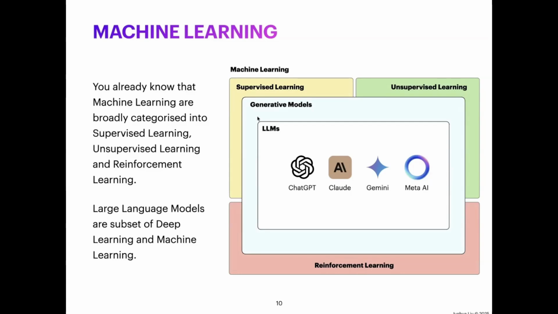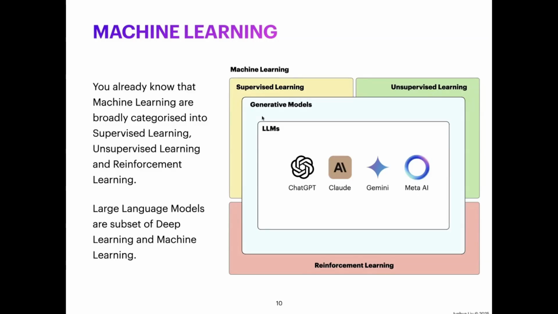That is because the process of training such models needs different stages of training, and they all involve different training processes for different stages. So we can't simply put the large language model or generative model under any single umbrella.